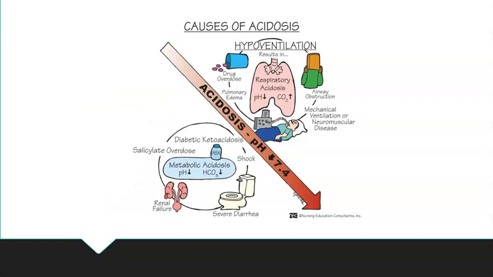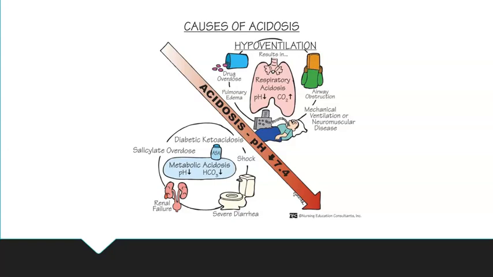When we look at the causes of acidosis, respiratory acidosis will result when there is an increase in the CO2 levels in your patient. This can be as a result of a drug overdose, which depresses the respiratory system, so your patient is not breathing effectively, they're not breathing enough.